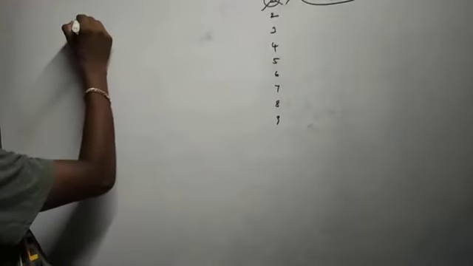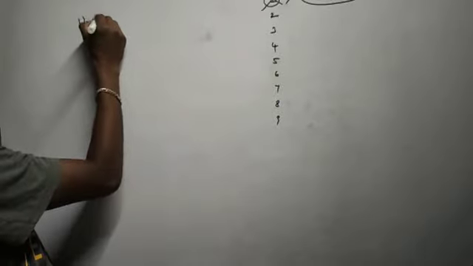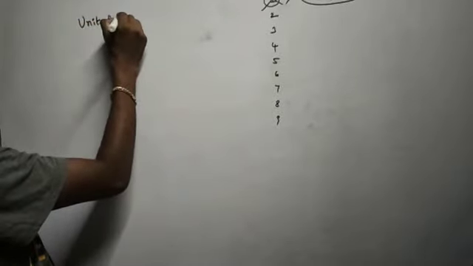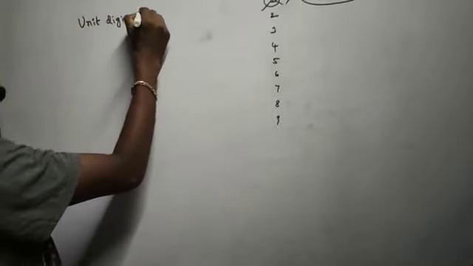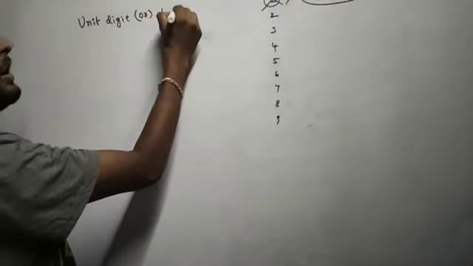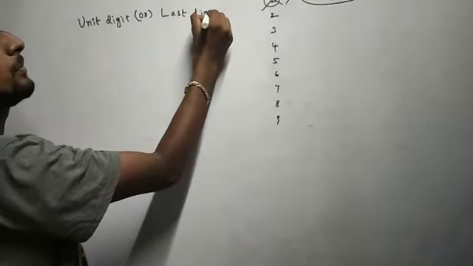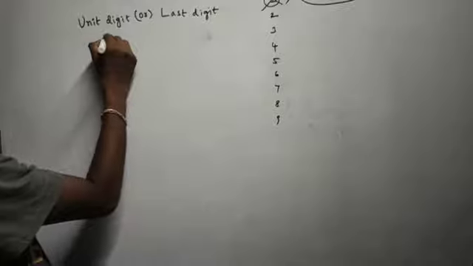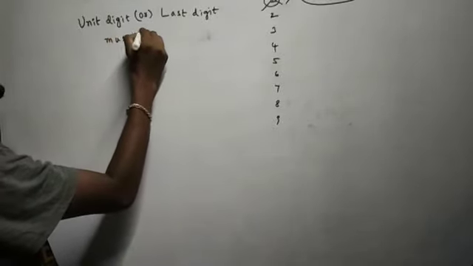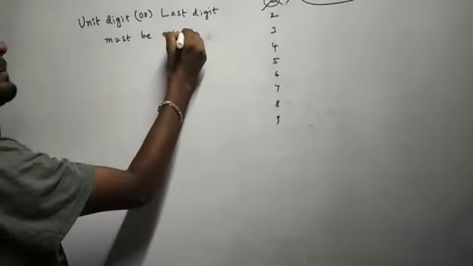Divisibility rule of 2. The condition is unit digit or last digit must be even.